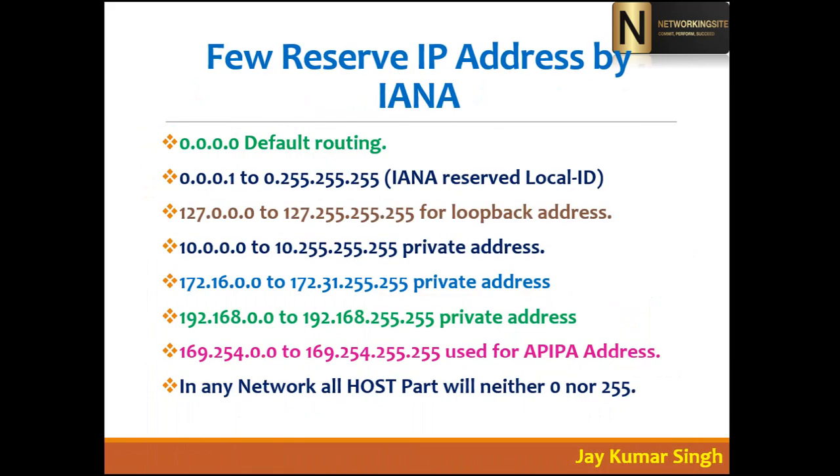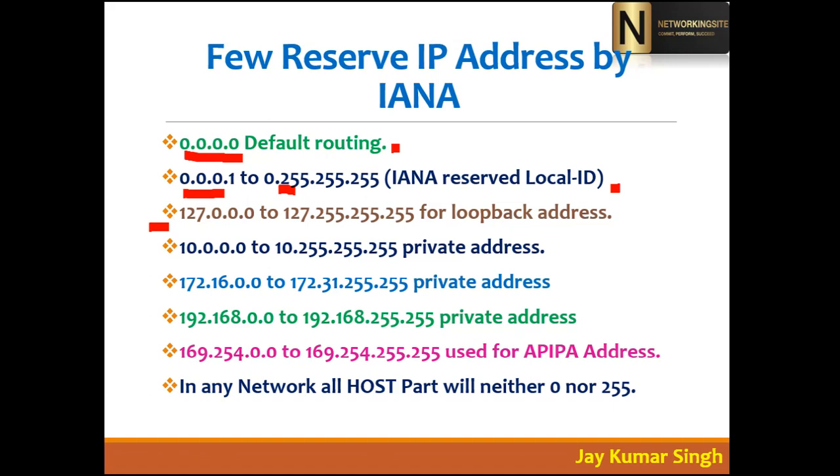Here are a few reserved IP addresses which have been reserved by IANA. See, 0.0.0.0 is a reserved IP address. Now this is also a reserved IP address, 0.0.0.1 to 255.255. This is reserved for IANA local ID configuration.